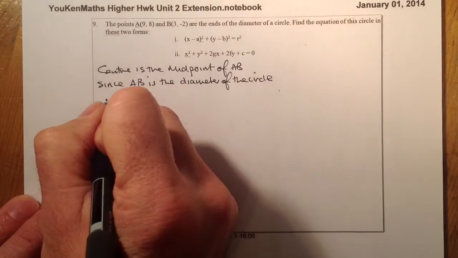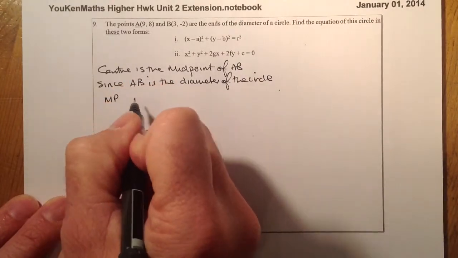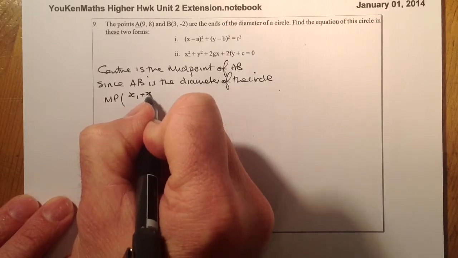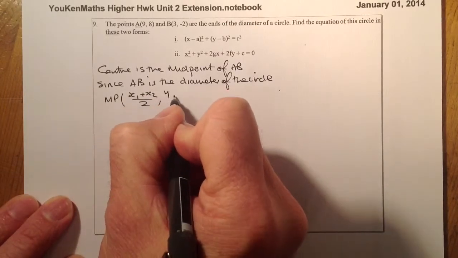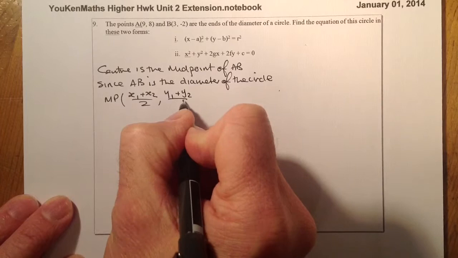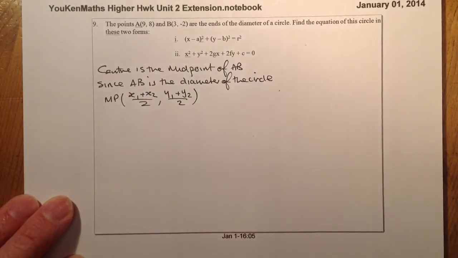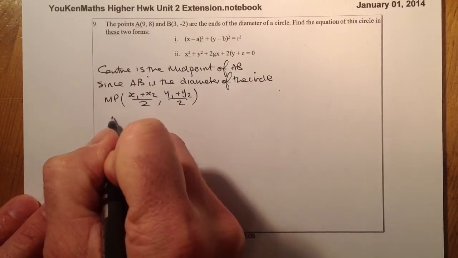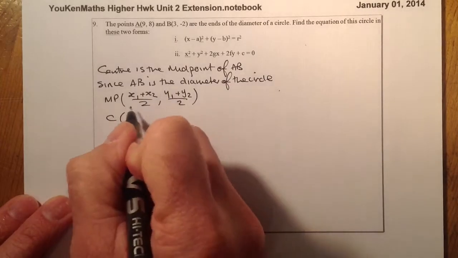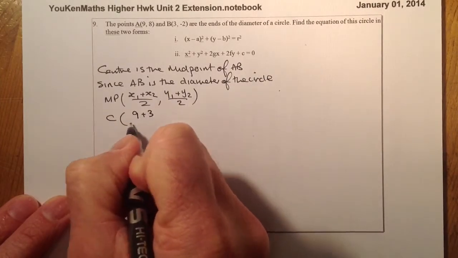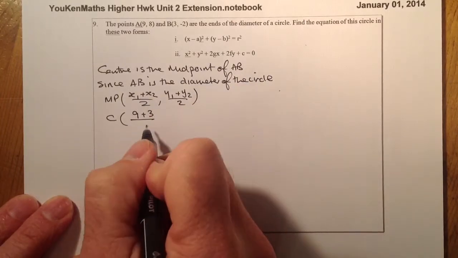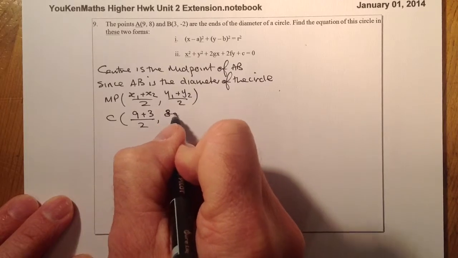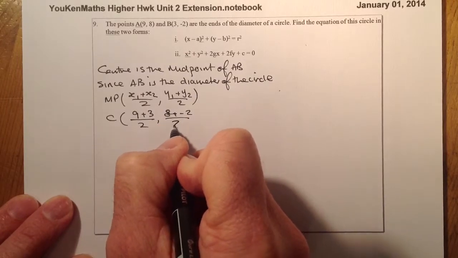Let's find the midpoint. The normal way we'd find the midpoint would be to add the x values together, x1 plus x2 all over 2, and the same for the y values. All we're doing is taking the mean of these values. So the midpoint is going to be my centre: 9 plus 3 all over 2, and for the y coordinates, 8 plus minus 2 all over 2.